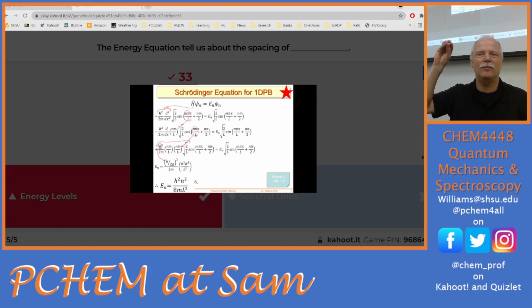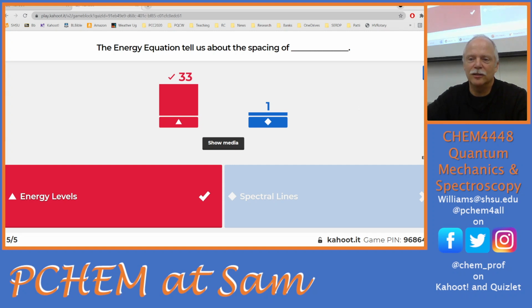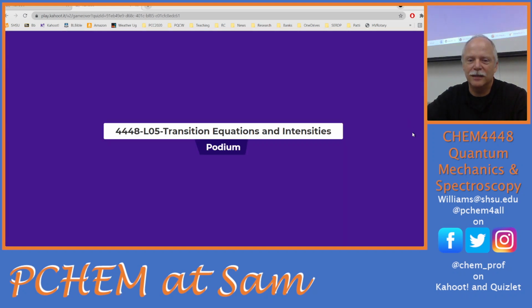So if we change the quantum number, then it tells us the spacing in the energy levels. Okay. And so we'll use this in the homework. I'll say if we double the length of the box, what happens to the energy level spacing? If we increase the mass or if we increase the quantum number, it can tell you how the energy levels are spaced. All right, let's see how we did.